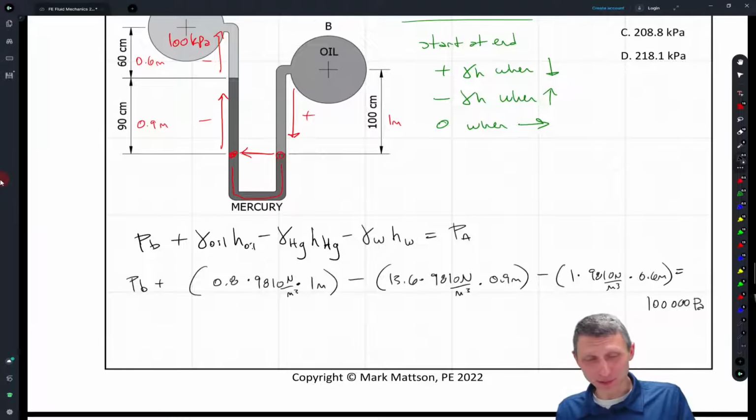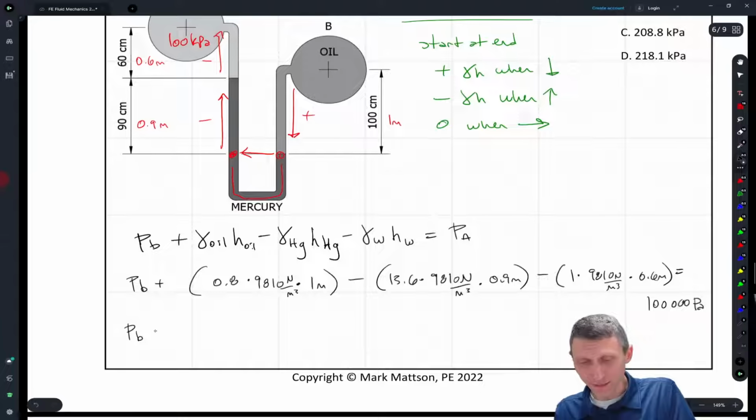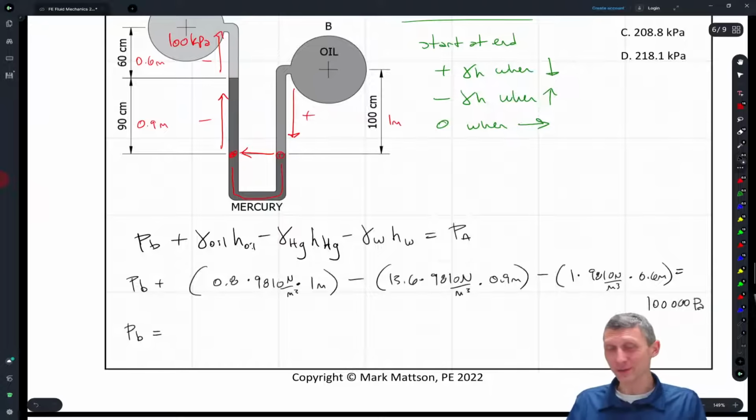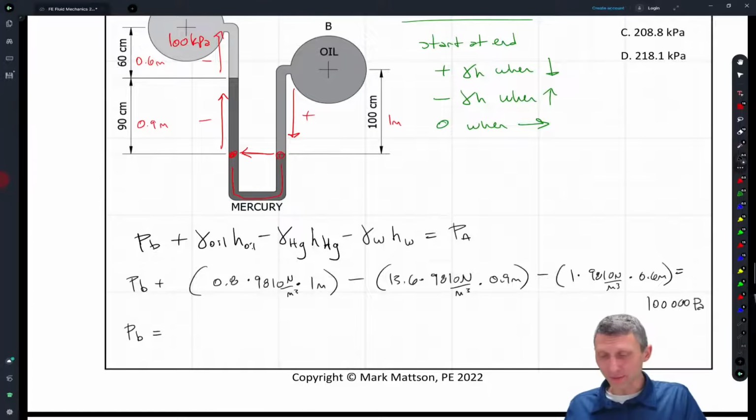But when we do this, we're going to solve for PB, and this is going to equal 100,000 minus all that stuff. So 100,000, minus 0.8 times 9810 plus 13.6 times 9810 times 0.9, and then we're going to add again 9810 times 0.6.